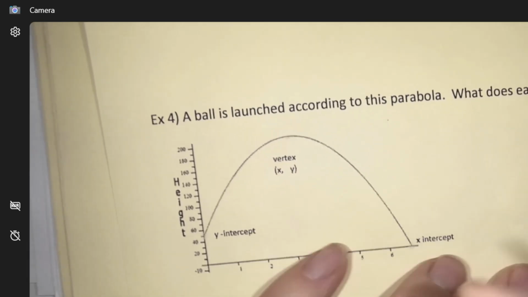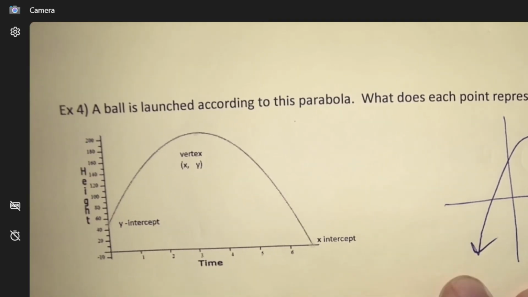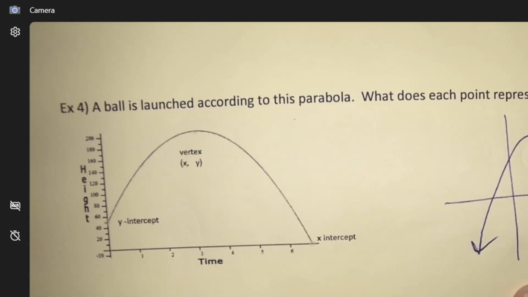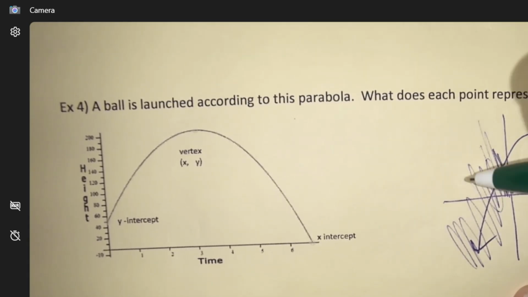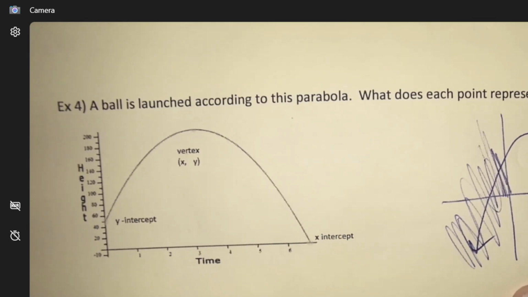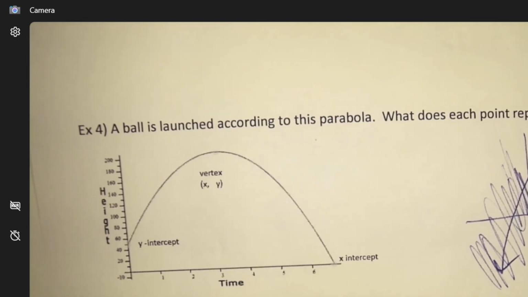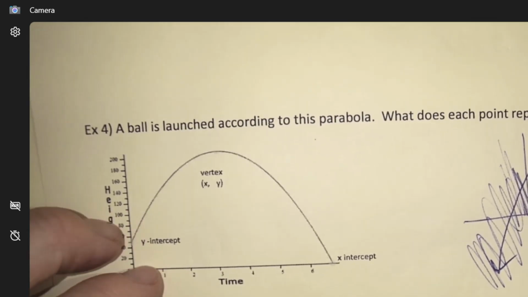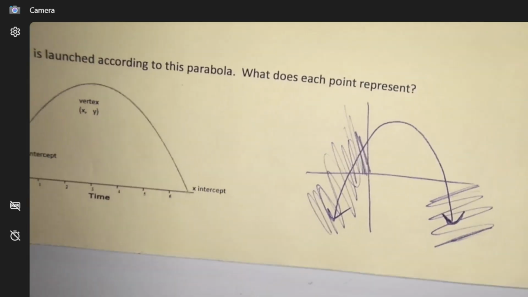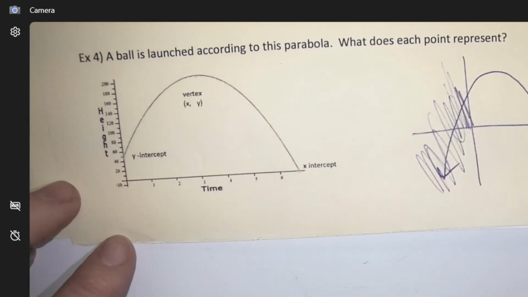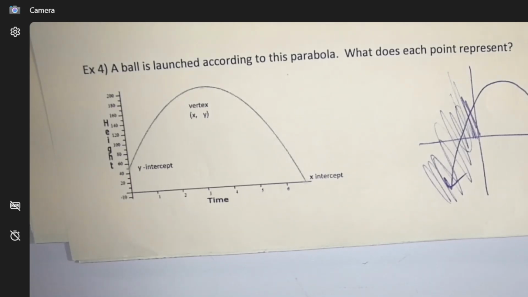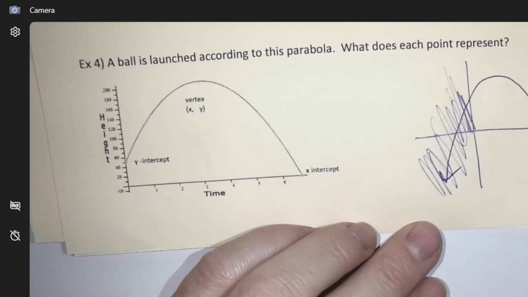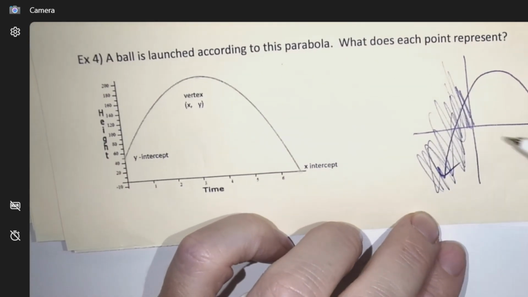This is the parabola, but did you notice that they didn't even graph this chunk and they didn't graph that chunk? Why do you think, so we had the time and the height of the ball, why do you think that they didn't graph these parts?